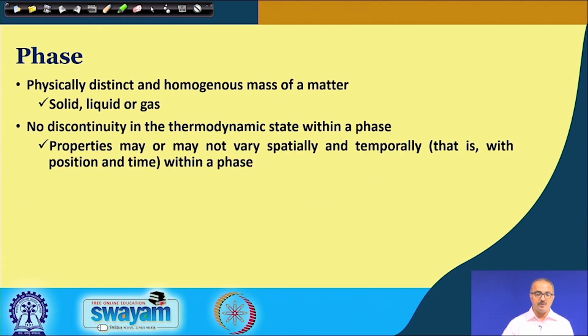Okay. So, property may or may not vary spatially or temporally. That means, these properties within a phase may vary from point to point or may not vary. Similarly, these properties may vary with time or may not vary with time, but whatever it is, they have to vary in a continuous fashion, not in an abrupt manner.